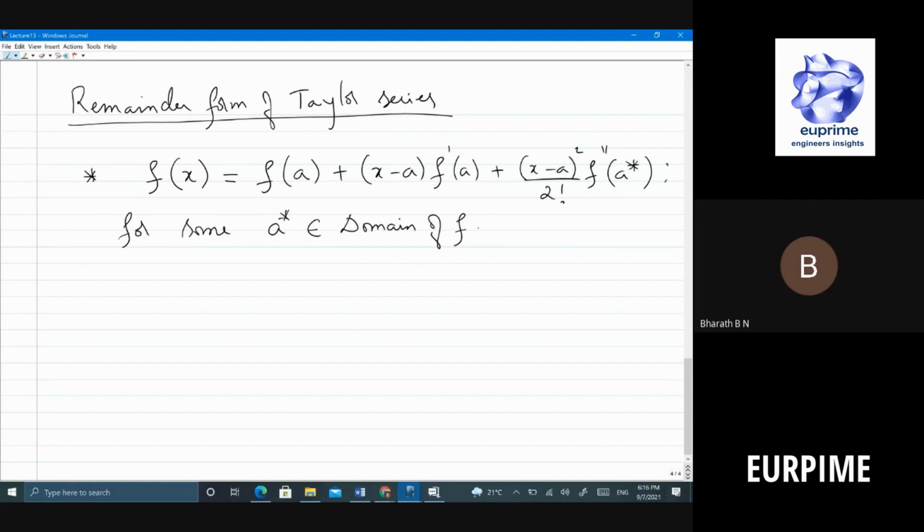Okay, you know what the domain is, right? Set of all x which gets mapped under f, right? That is your domain. Okay, why is this true? Any idea? Can you guess why it is true?